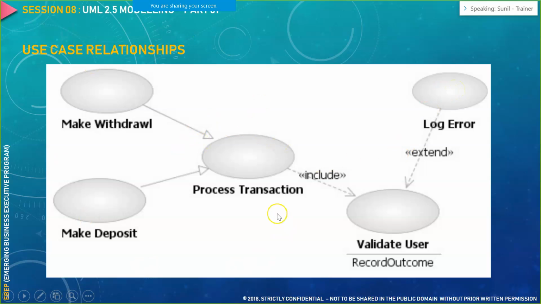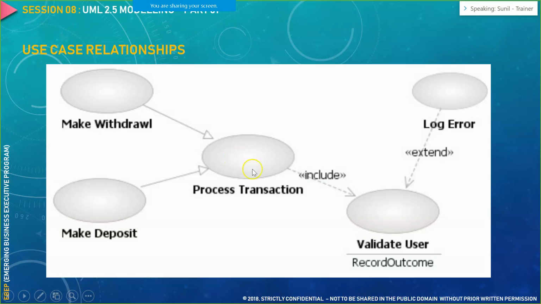Now, essentially what we are trying to achieve over here is to do a withdrawal or a deposit in the banking domain. When we do a withdrawal, it processes our withdrawal transaction.